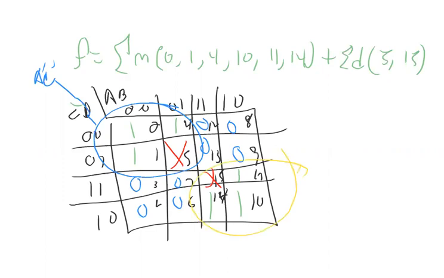And what shall we call the yellow loop? AC. That's exactly right. So that's the don't cares, such as it is. Question number 15.